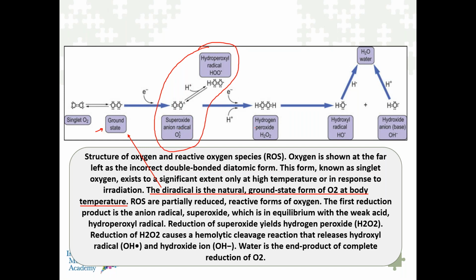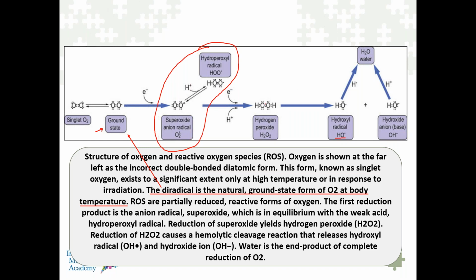From a superoxide, we convert into hydrogen peroxide, and that has its own potential problems, but hydrogen peroxide is a normal product in our body with regards to movement of oxygen through superoxide. Then the hydrogen peroxide gets converted into a hydroxyl radical, which is very toxic, or it can also form a hydroxide anion, and ultimately water.